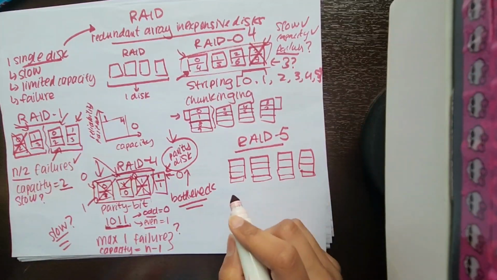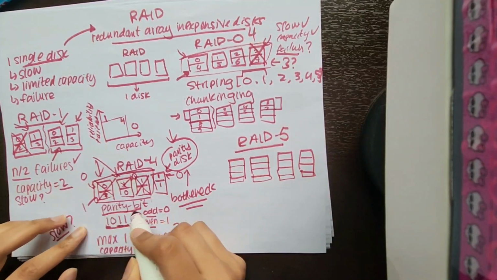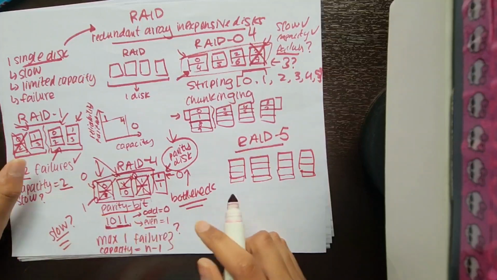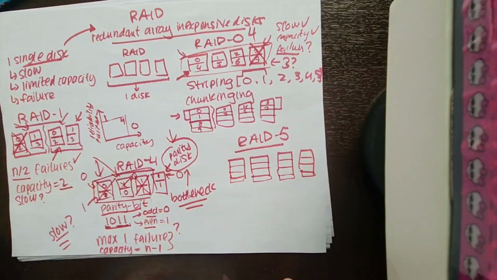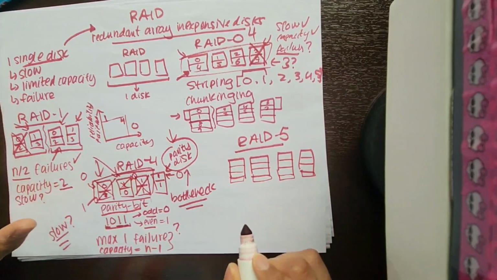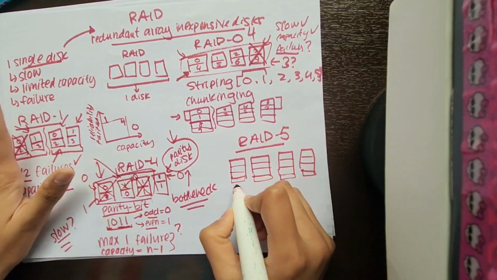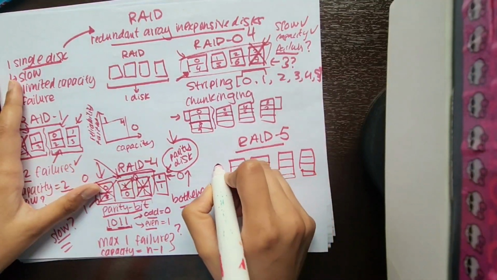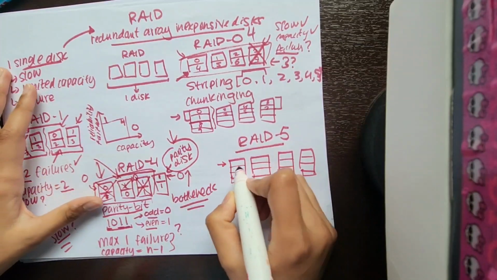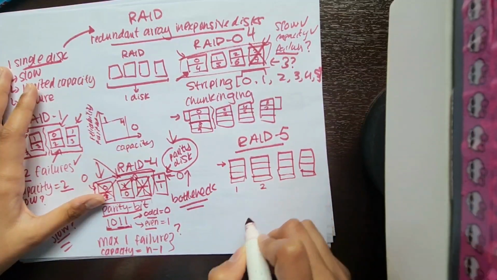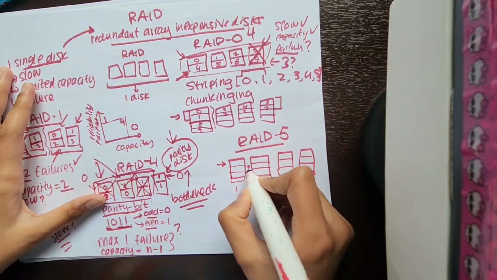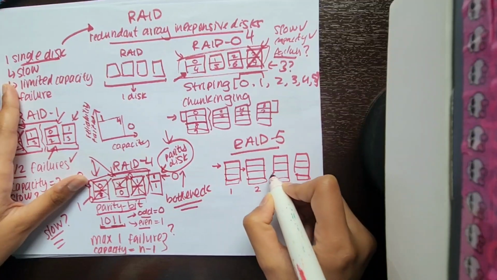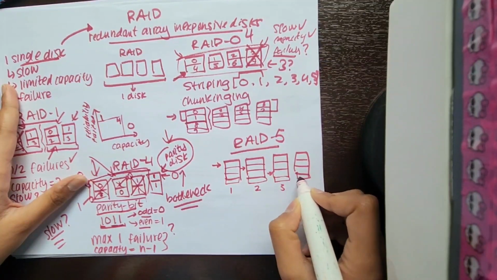So instead of having this parity bit be stored in a single disk, we're going to have it by row. So let me explain. This is disk 1. So this will store the parity of row 1 in its first row. And this is disk 2, so it'll store the parity of the second row. And this is how it works.